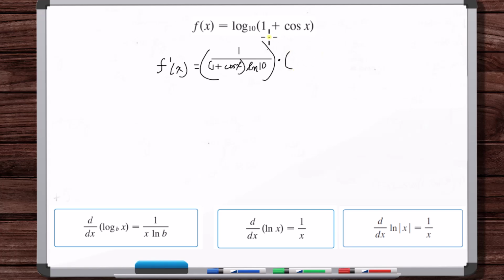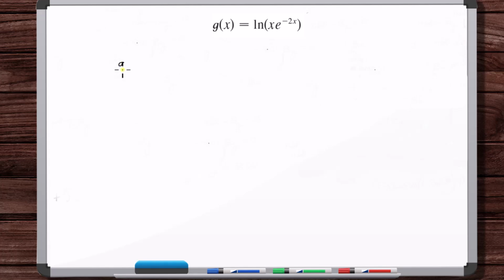What is the derivative of 1 plus cosine of x? That's 0 plus minus sine of x, right? So we've got 1 plus cosine of x, natural log of 10, and then that's the derivative.